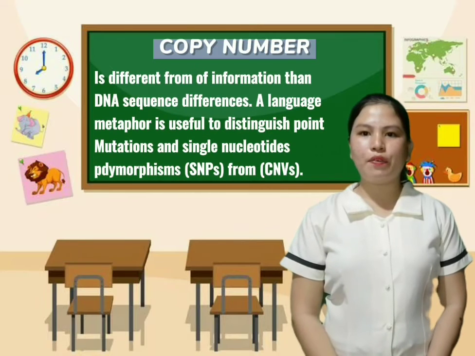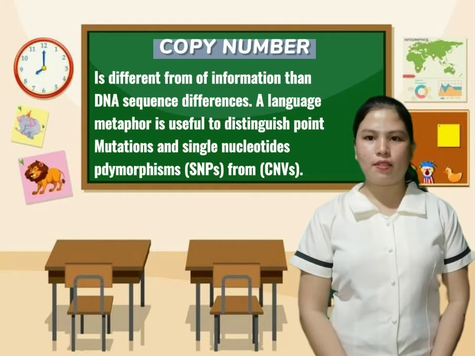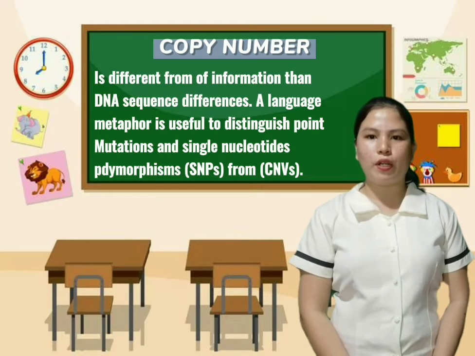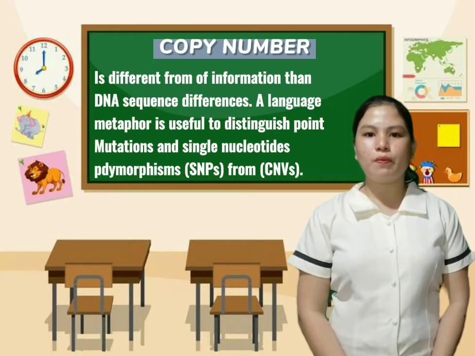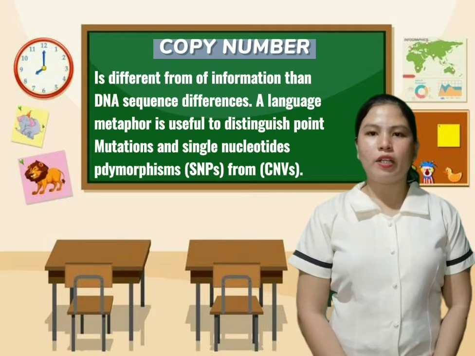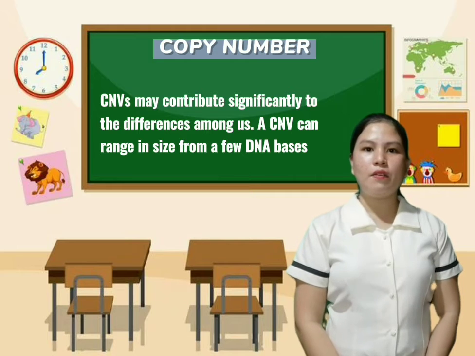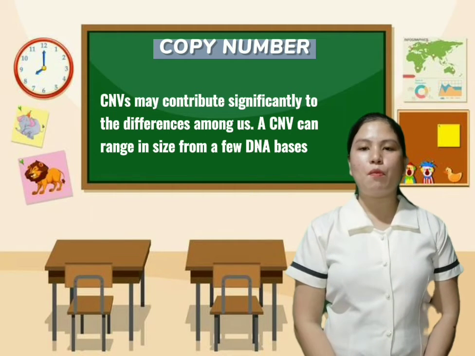Copy number is different information than DNA sequence differences. A language metaphor is useful to distinguish point mutations and single nucleotide polymorphisms, or SNPs, from CNVs. CNVs may contribute significantly to the differences among us.